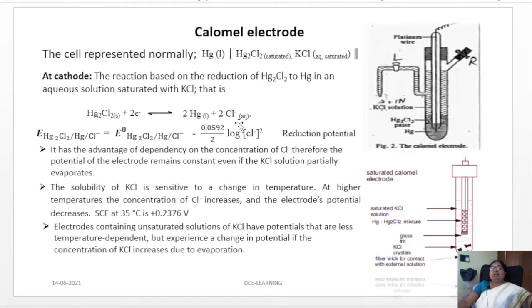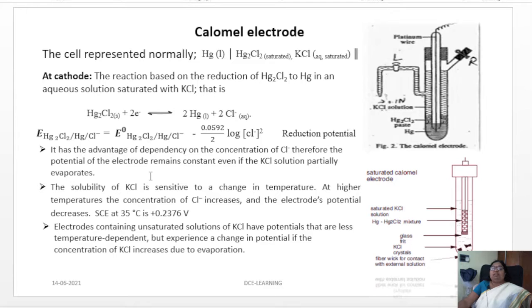Then the EMF of the cell can be written using the Nernst relationship: E of the calomel electrode cell is equal to E standard of calomel minus 0.059 divided by 2 into log of chloride ion concentration squared. Why? Because the EMF of the cell depends on the concentration of the chloride ion.